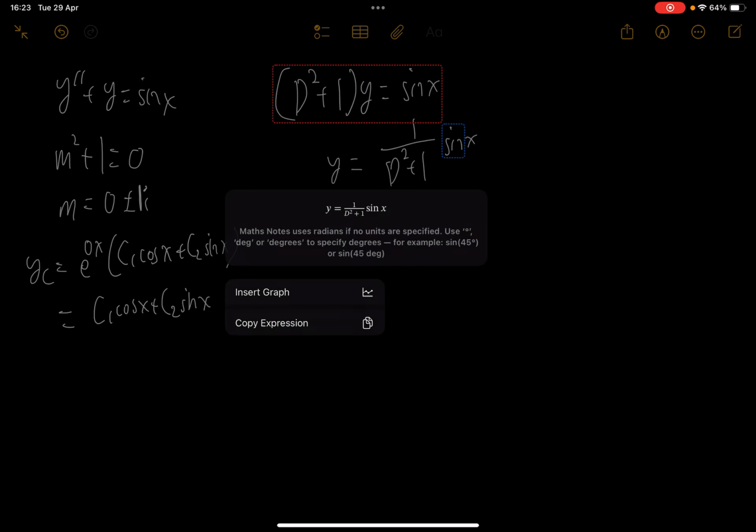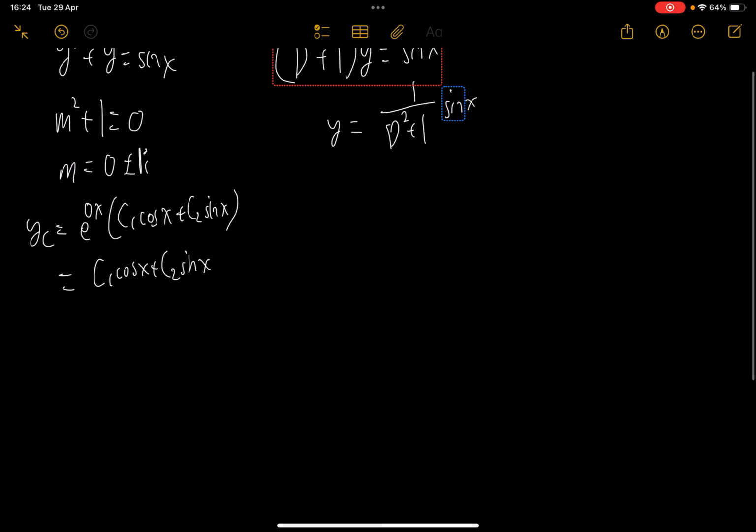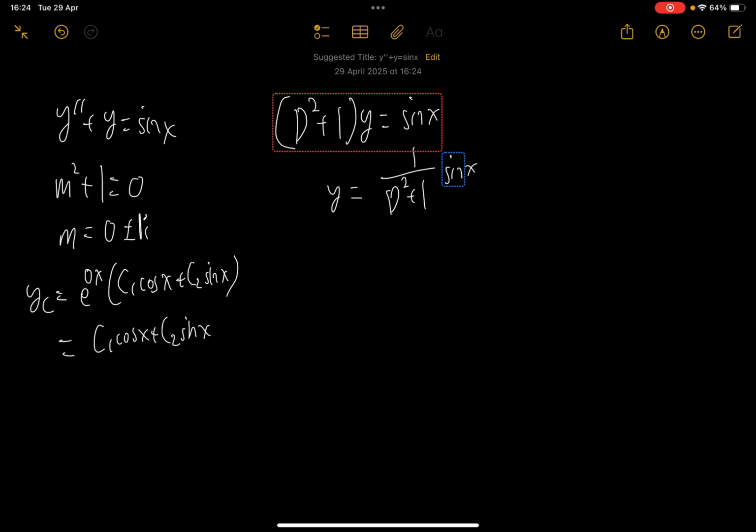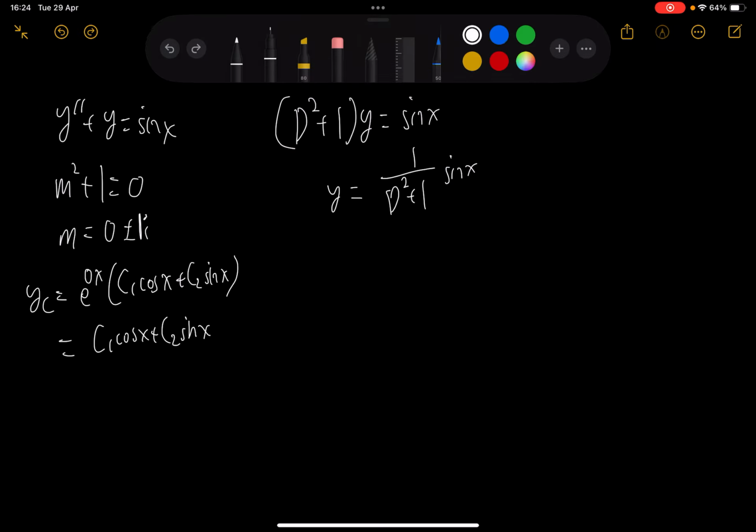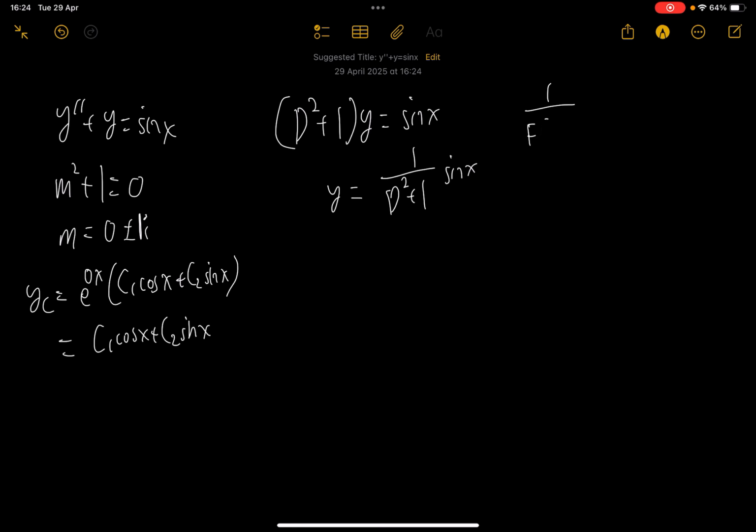And okay, we have a formula. Whenever you see sin x, you are going to do it with the inverse operator. For 1 over f of D acting on sin ax, D squared is going to be equal to negative a squared.